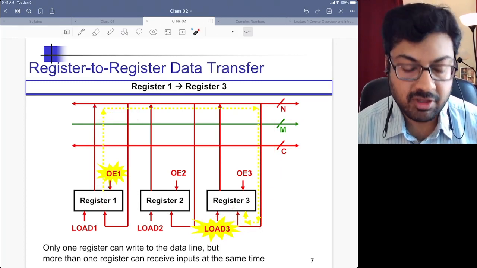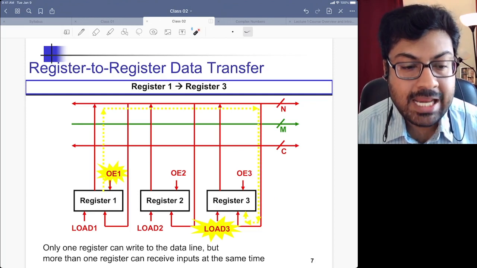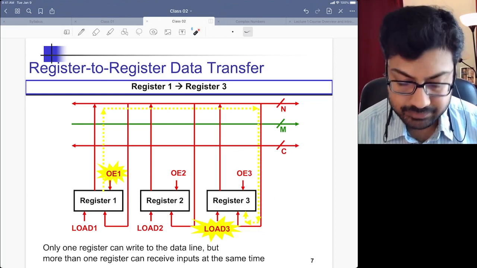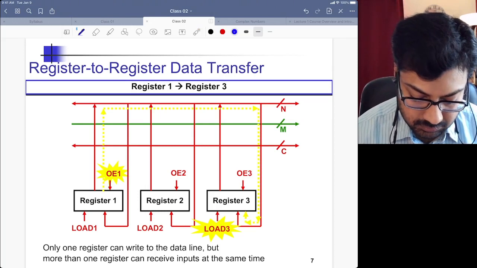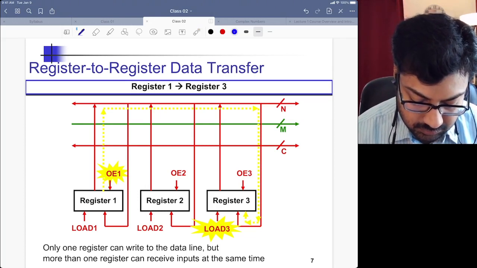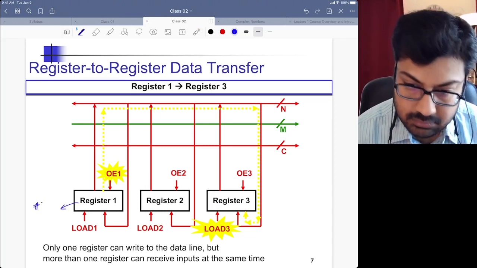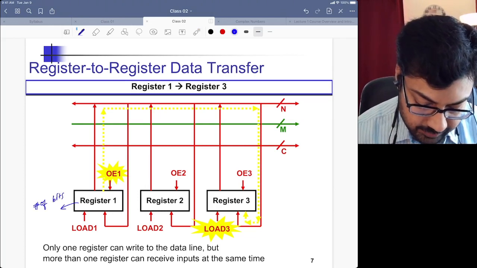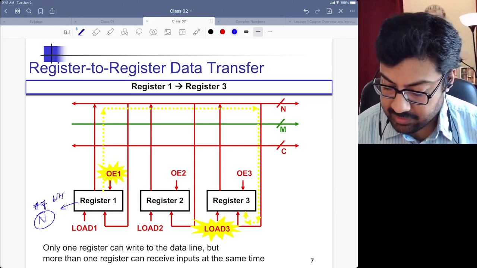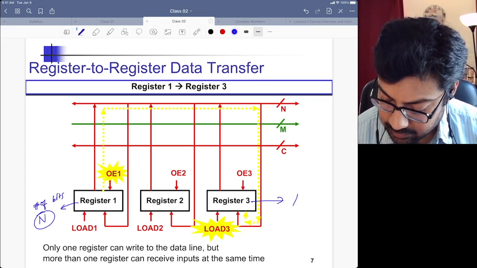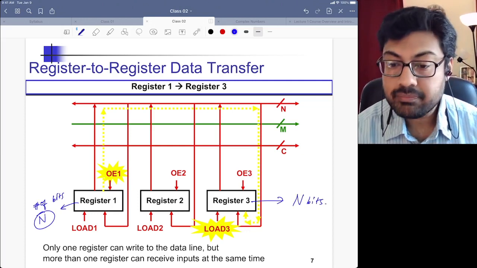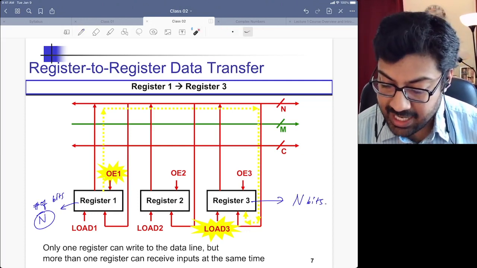Now let me ask you guys this. How many bits is register 1? That's right, n bits. Even this guy should be n bits, right? And the reason for that is because the data bus is n bits.